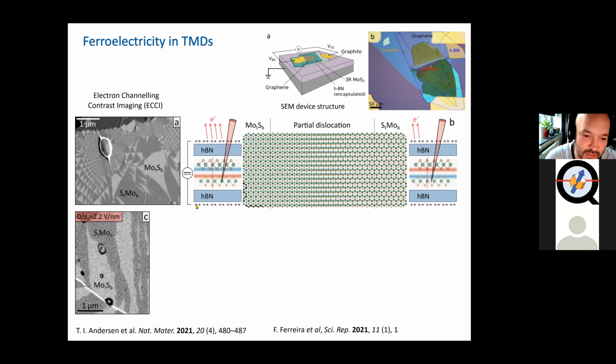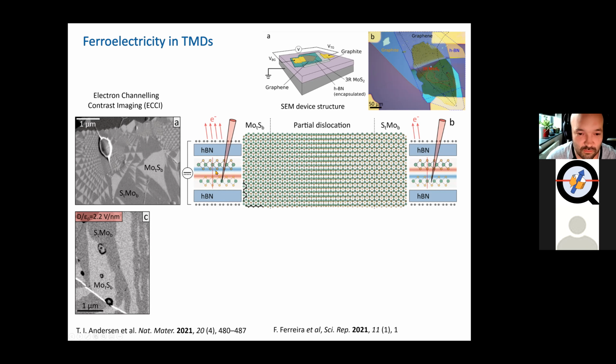The graphene layers create a back and top gate, and they allow us to create a transverse electric field across the TMD bilayer. Now the bilayer has a built-in electric field, as in a ferroelectric field, and what we're trying to do here is switch this domain by applying an external electric field to it.